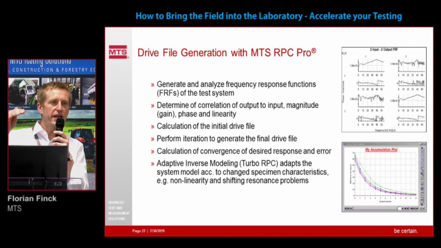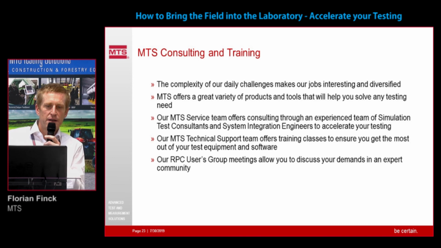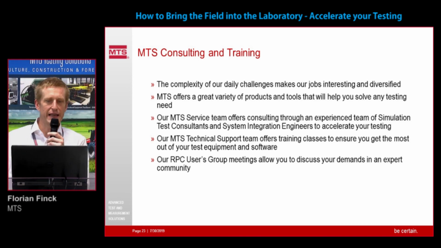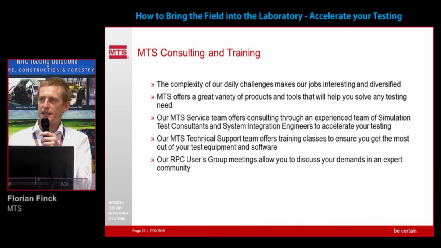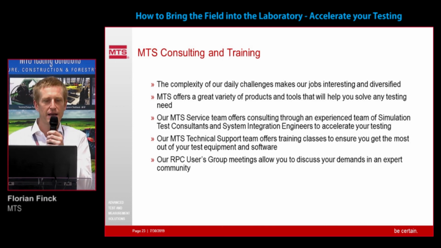So while we are increasing the gain, we might run into nonlinearities of our specimen, and that can also be adapted in the model. So again, the complexity of these daily challenges make our jobs interesting and diversified, and we offer a great variety of products and tools that will help you to solve these needs.